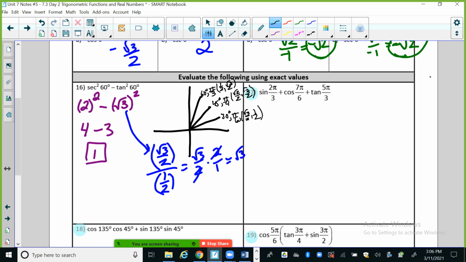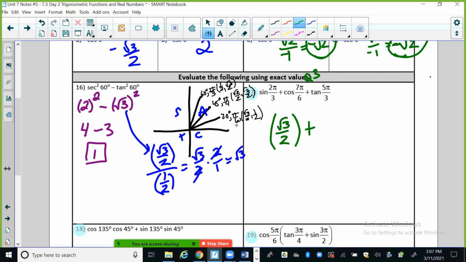So 2 pi over 3 is in quadrant 2, which means all students take calculus, sine is positive. So looking at pi over 3, the reference angle, sine of pi over 3 is square root of 3 over 2, plus cosine of 7 pi over 6. 7 pi over 6 is in quadrant 3, where cosine is negative.